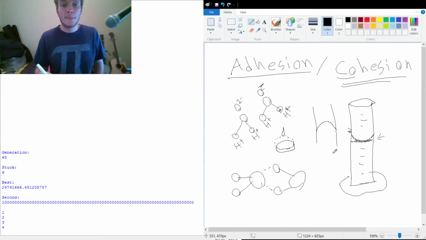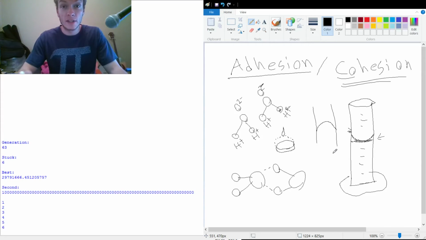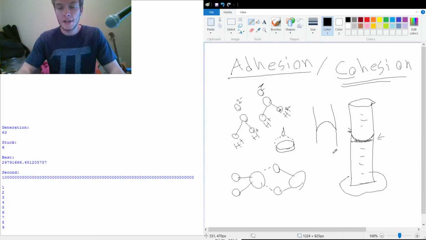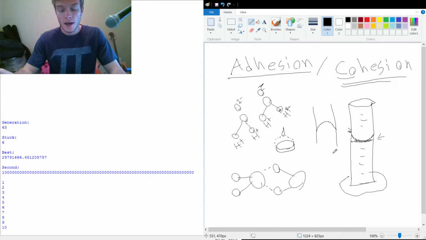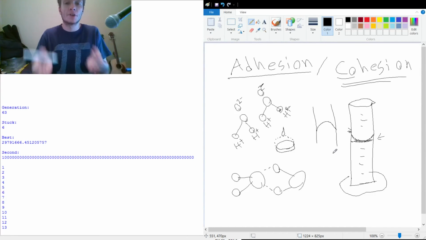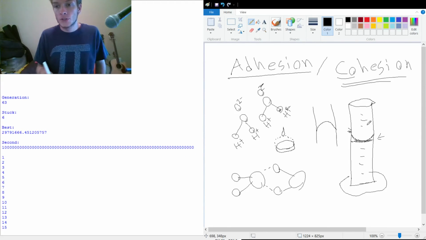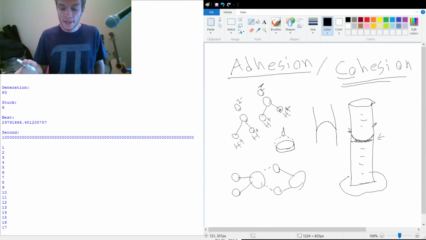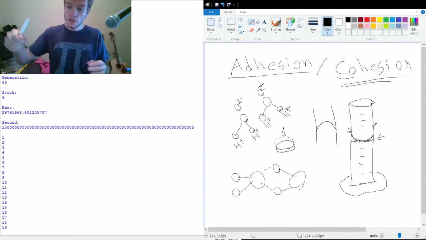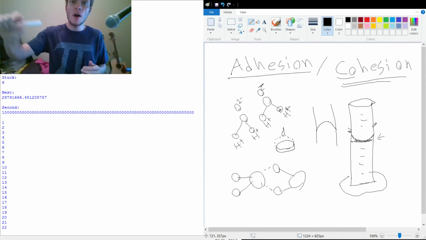But adhesion and cohesion can have some awesome effects in nature. So actually, I believe adhesion is used in plants in order to have a capillary effect of water up through the roots, but also in paper towels, there's actually little capillaries inside the paper towels, which is why if you dip a paper towel into water, the water will actually creep up the paper towel.